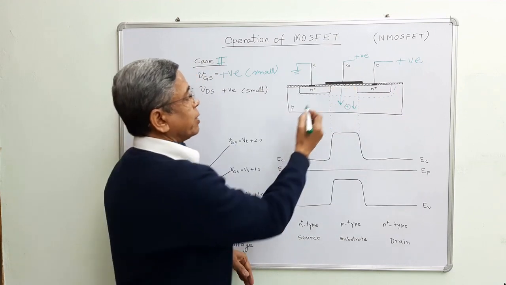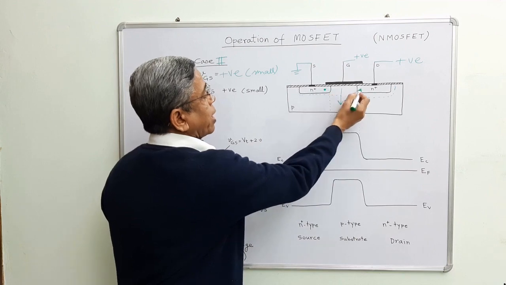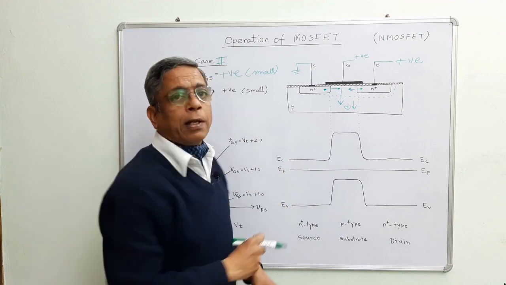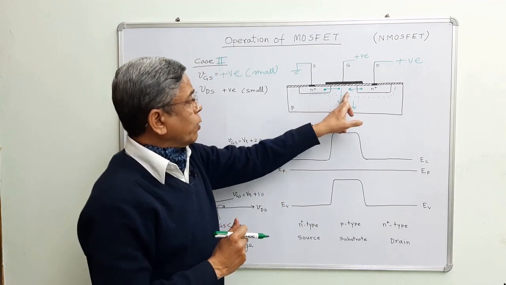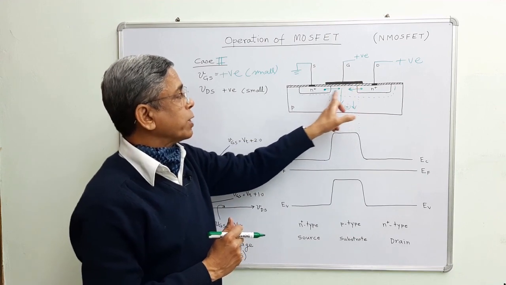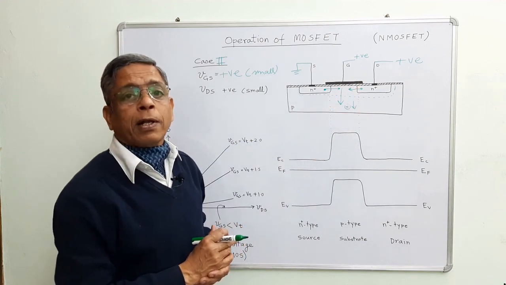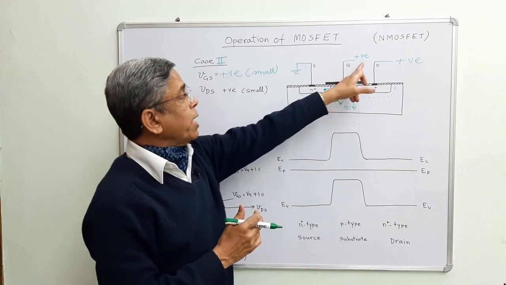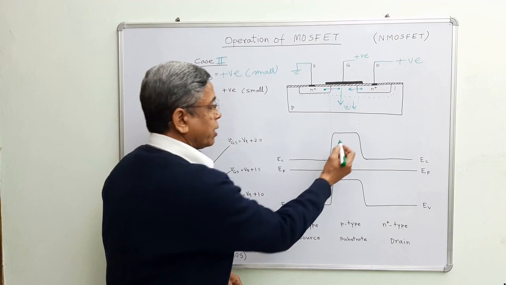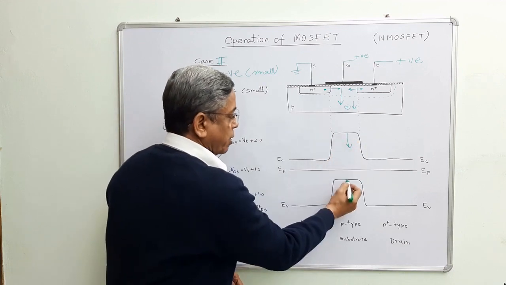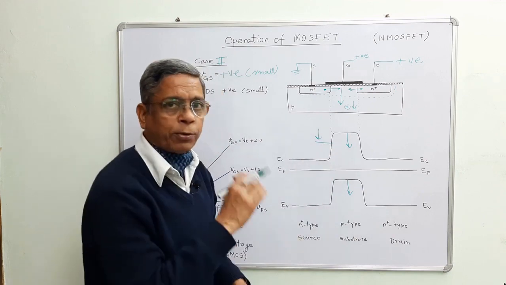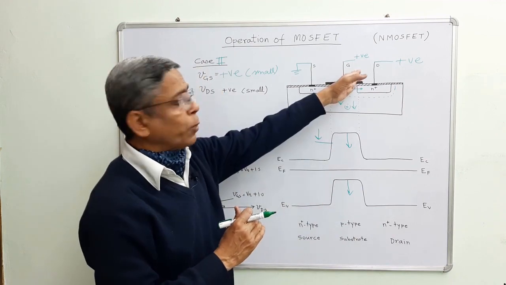In the meantime, some electrons from here and from here will try to assemble here. Assembling of electrons between drain and source region means the conductivity of this portion increases. By applying positive potential, this potential barrier is reduced. This goes down, and this height reduces; the potential barrier reduces by the application of gate potential.